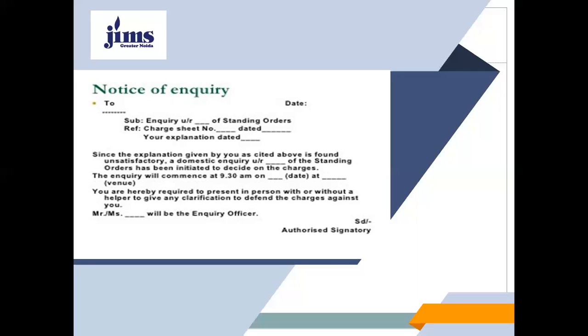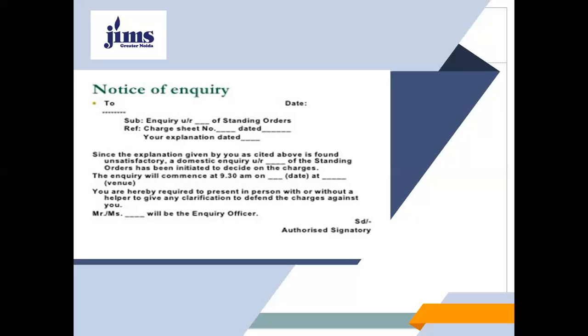Mention at what time, what day, which date the workman has to be there for the inquiry, and you are hereby required to be present in person with or without a helper to give any clarification to defend the charges against you. You are asking the workman what he wants to say in his clarification to defend himself.